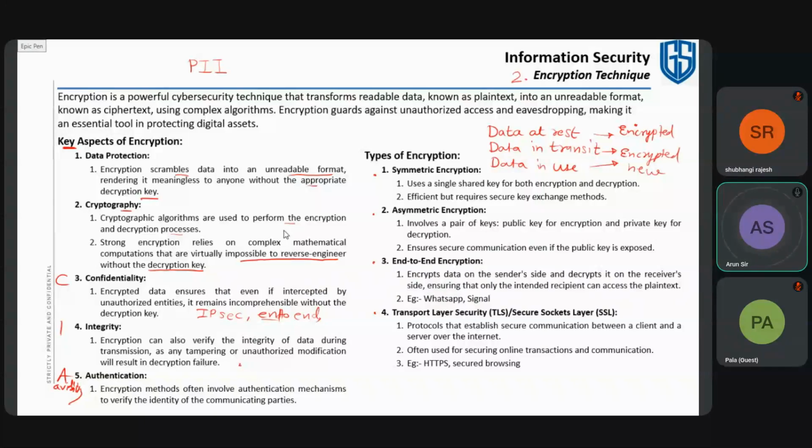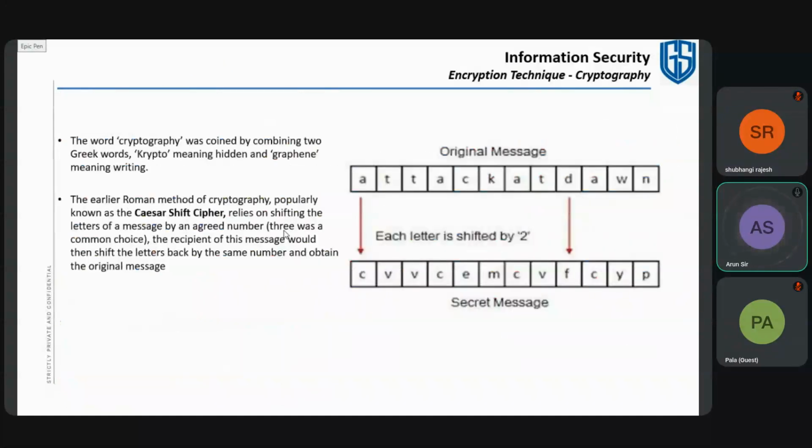Nobody in between is modifying those signals or information. So that is what transport layer security or SSL is. Further on we can try out a demo based on SSL or TLS.